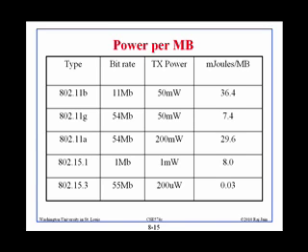Alright. So in 802.11b, the bit rate is 11 megabits. The power is 50 milliwatt. If you were to convert that into joules and then divide by the bit rate, you will get 36.4 millijoules per megabyte.